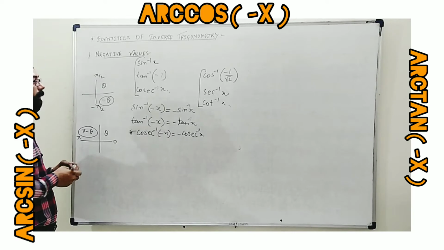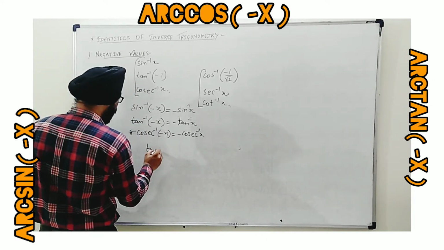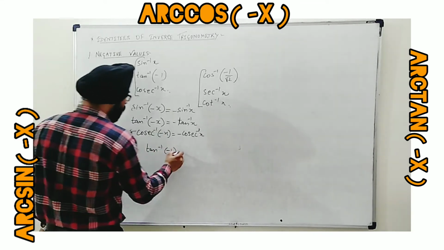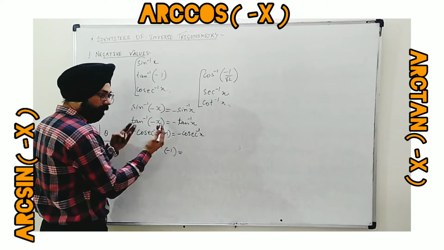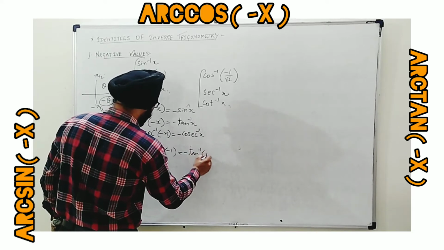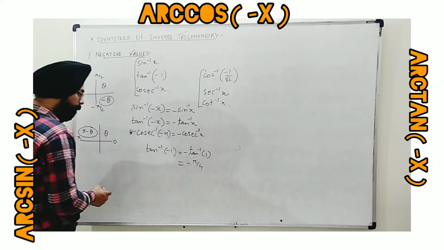How do we use this? Take the example of tan inverse minus 1. Now we will not find the branch or see the quadrant. We simply follow this identity. Tan inverse of minus 1: take the minus sign out, tan inverse 1, and put the value of tan inverse 1 as pi by 4.